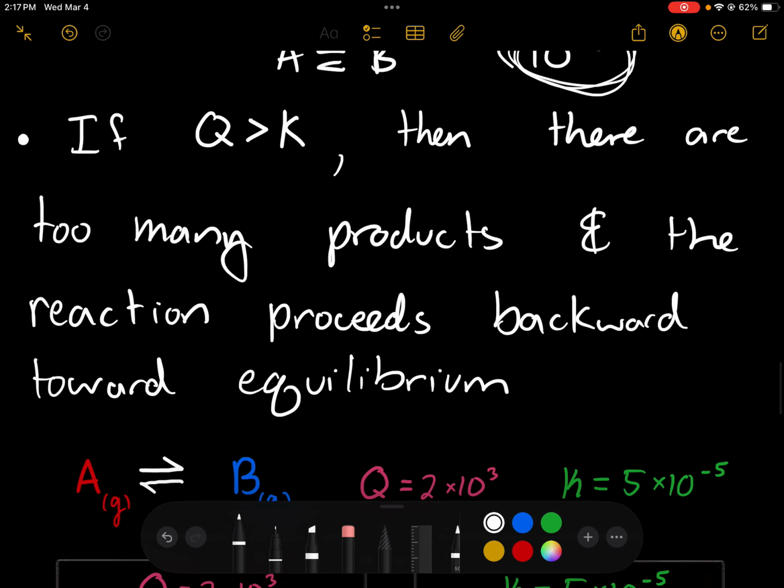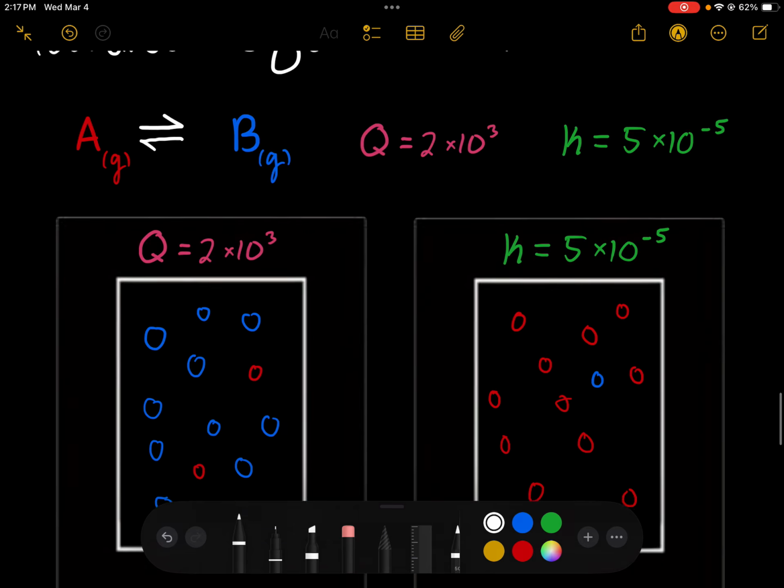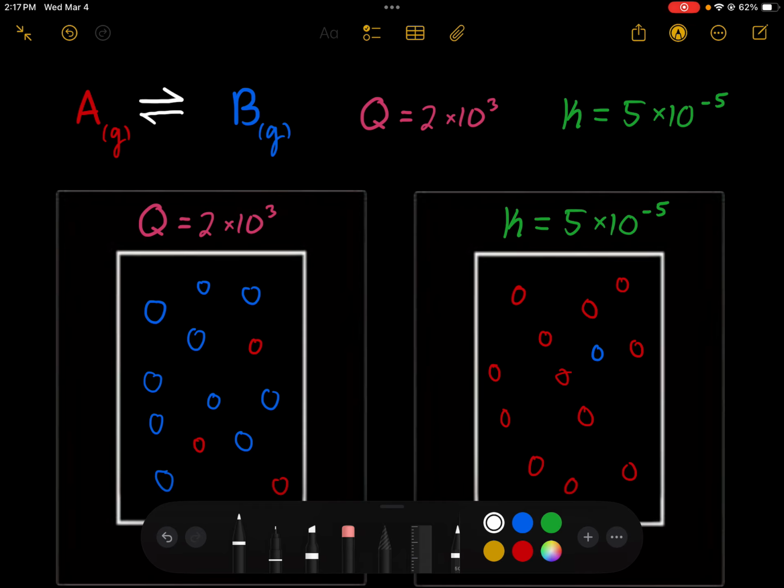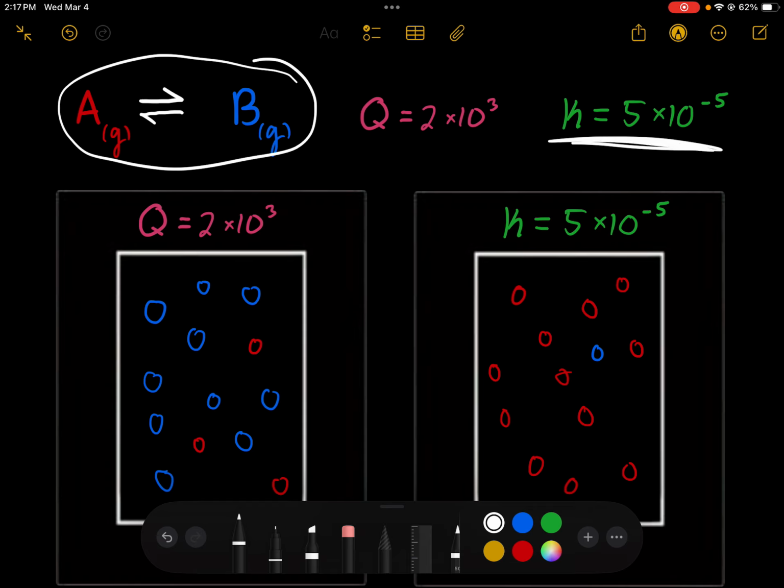If Q is greater than K, what that means is there are currently too many products and the reaction has to proceed backwards to reach equilibrium. So visually, let's look at what that means. We have this same exact reaction, A to B, and its K value is small. At a specific moment in time, before that reaction has reached equilibrium, its Q value is 2 times 10 to the third.